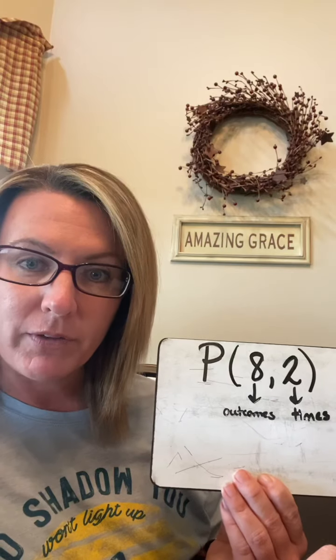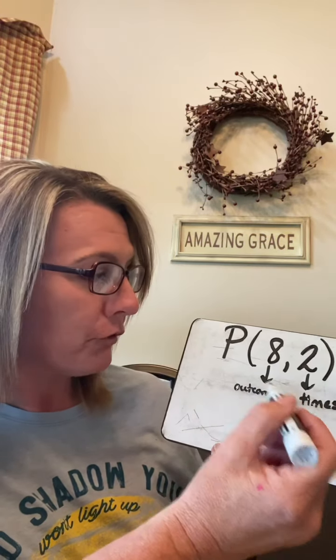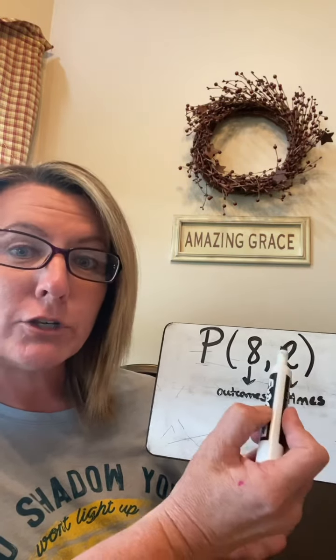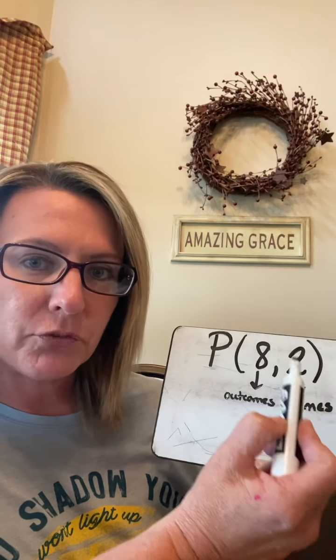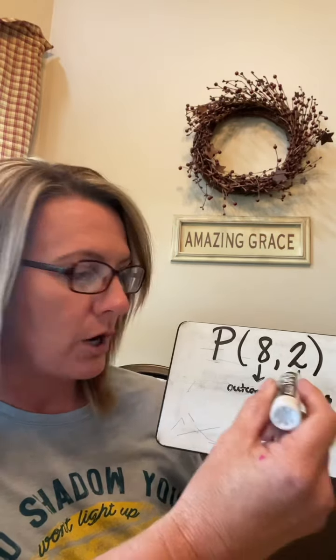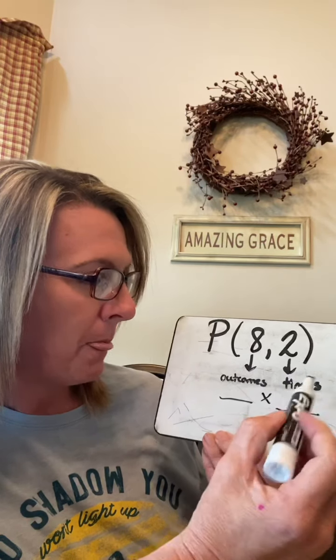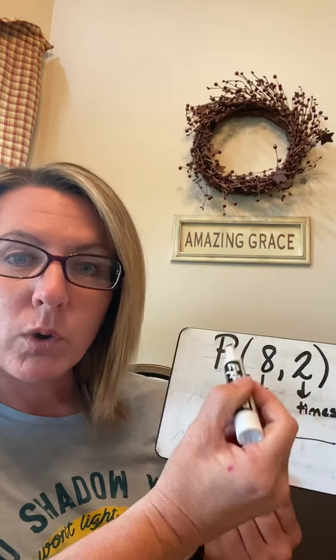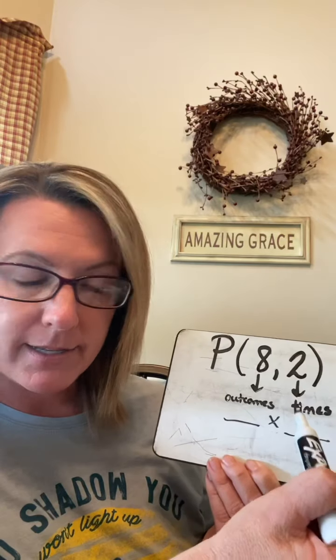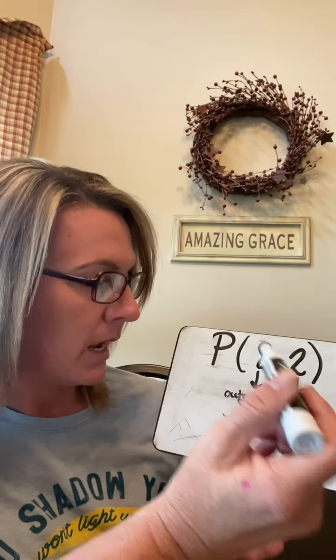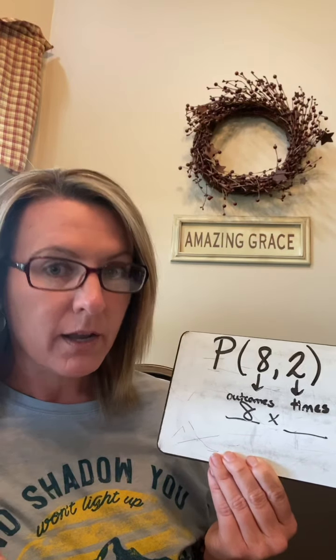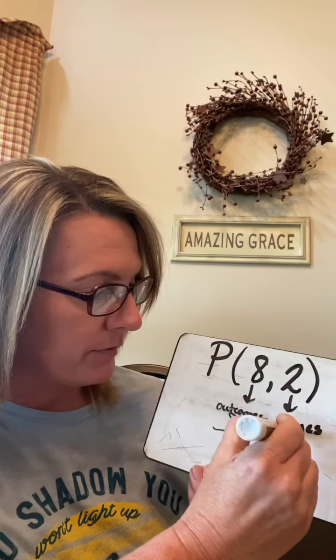So here's how we figure that out. We want to first of all say, okay, we're going to choose 2 different times. So we're going to do 2 little trials here. The first time, we're going to have 8 possibilities. The second time, because we've already done 1, there will only be 7 left.